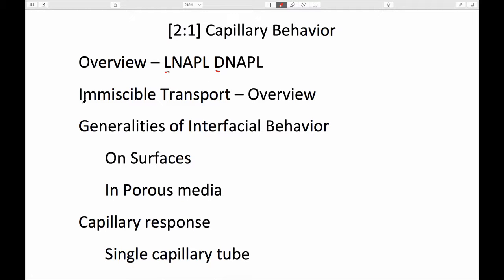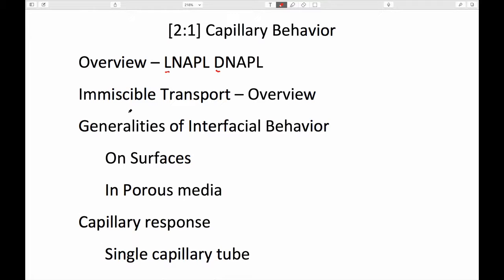We deal first with immiscible transport to understand exactly where those fluids will go, maybe within the first 2 months of their lifetime in the subsurface, before they sorb onto solid media, before they dissolve in water and get carried away by the advective flux.